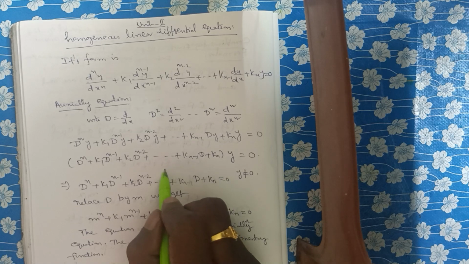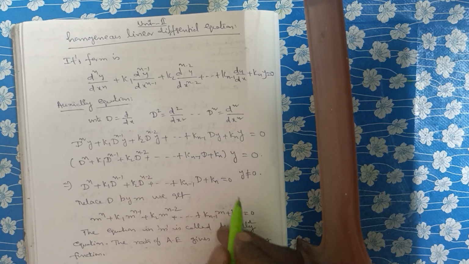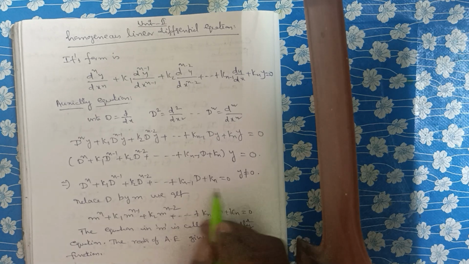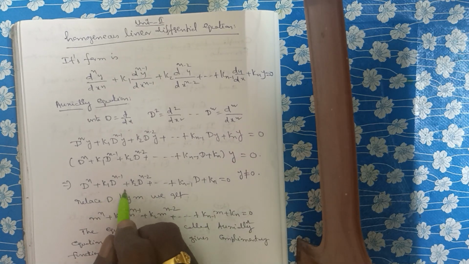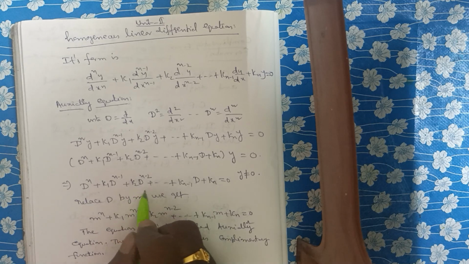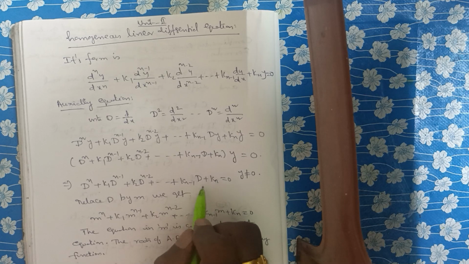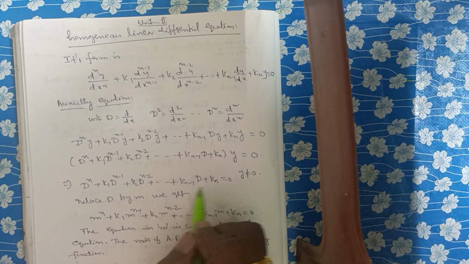In obtaining the auxiliary equation, we must remember y is not equal to 0. When y is not equal to 0, D^n + k1 D^(n-1) + k2 D^(n-2) + ... + k(n-1) D + kn = 0.